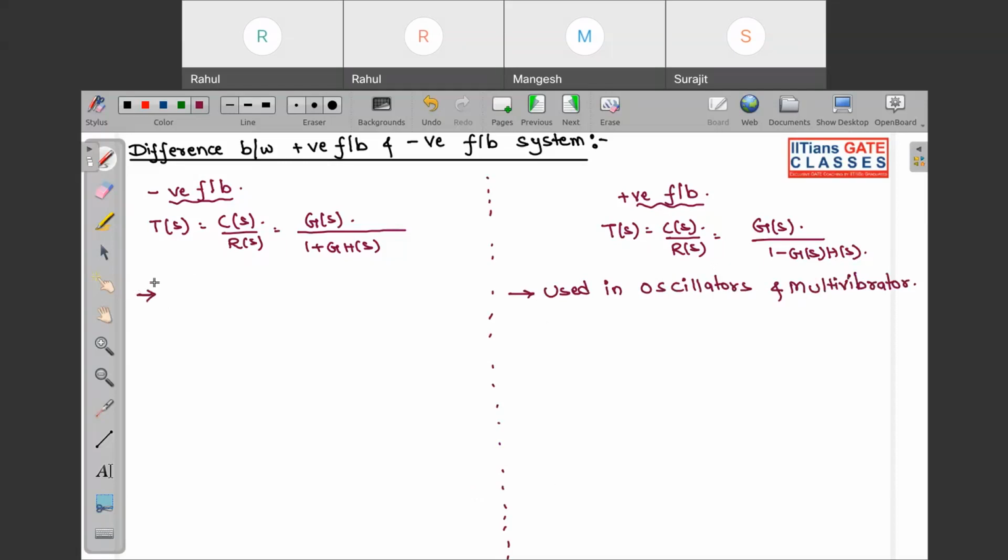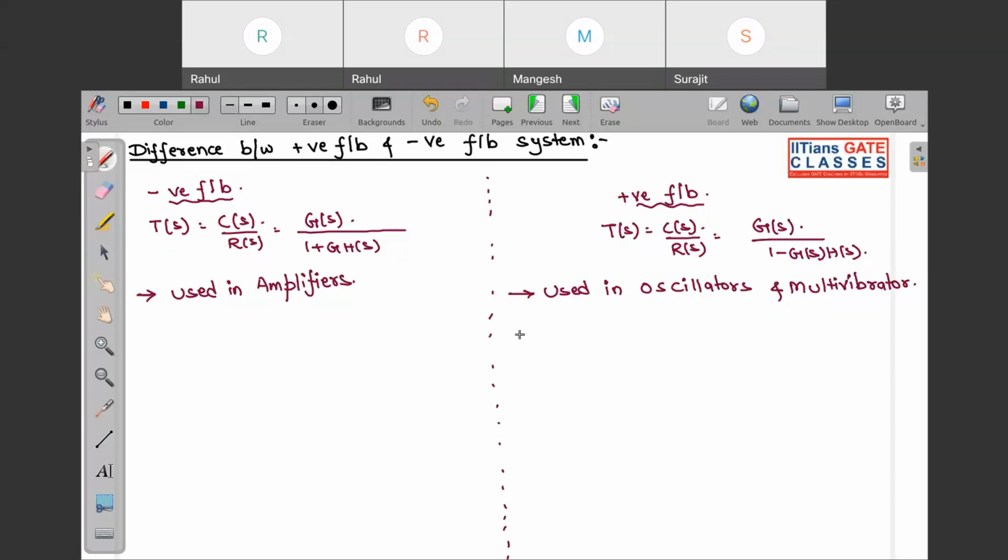Negative feedback is used in your amplifiers.